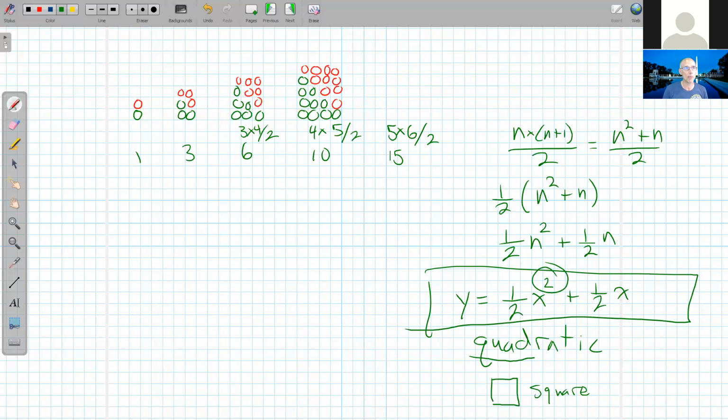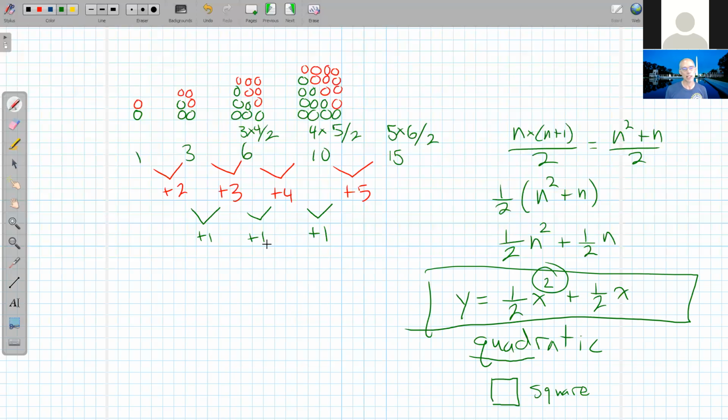Other things to note about this pattern, if we look at the consecutive differences, the first row of differences is not constant. Right, it's increasing. If we take the second row of differences, then we can see that is going up by 1 each time.